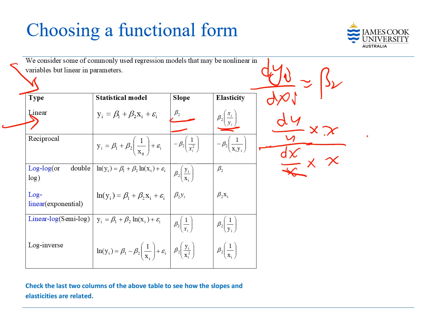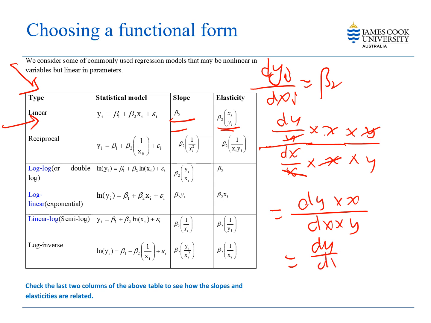So this cancels this. Then multiply both top and bottom by y, and this cancels with this. Then I get dy times x over dx times y, which is the same as dy over dx times x over y. That's the elasticity.